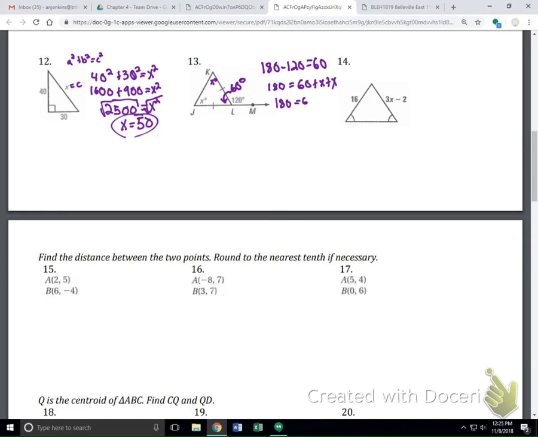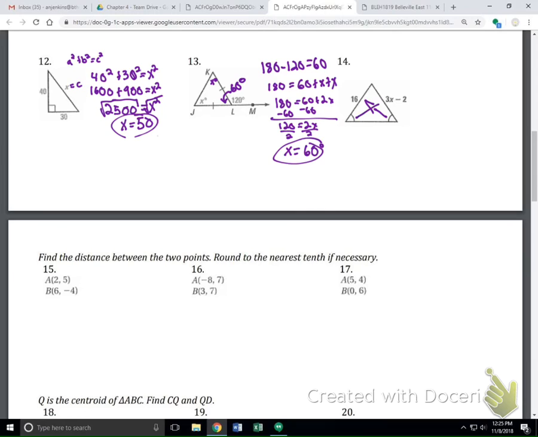And we see 180 equals 60 plus 2x. We're going to combine like terms, so we're going to subtract 60. That gives me 120 equals 2x. Divide by 2, divide by 2. X equals 60 degrees, yes.